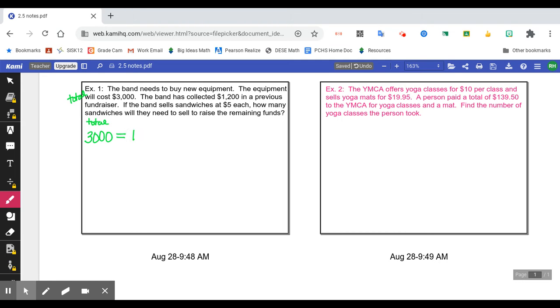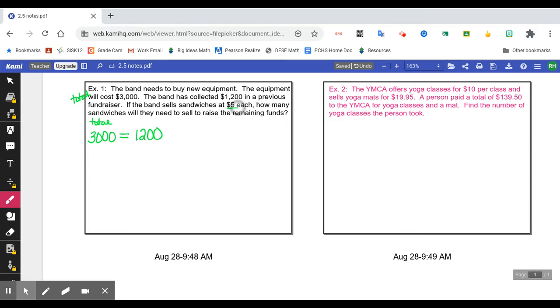Now, the band has collected $1,200 in a previous fundraiser. Okay, so that's the thing they've done one time already, right? They're also selling sandwiches at $5 each. Okay, so every time they sell a sandwich, they're getting $5. And notice that they're probably not just selling one. It's happening over and over and over again.